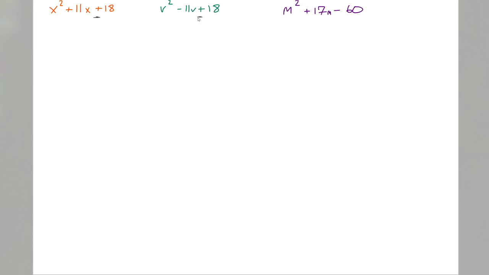Okay. So looking at your last term, if it is a negative, you will have a positive factor and a negative factor. And you know that because a positive times a negative gives us a negative. That's the only way we can have a negative term, is if we're multiplying things of the opposite sign, positive times a negative.